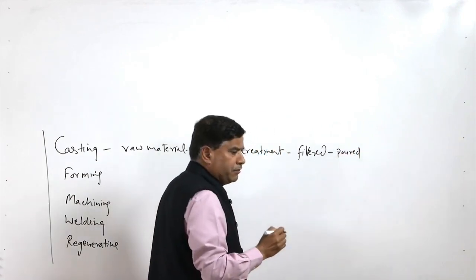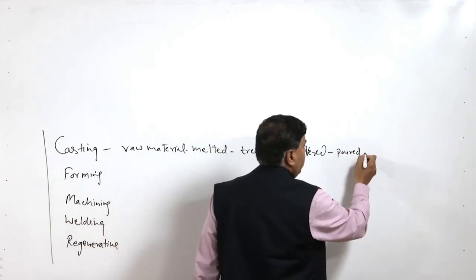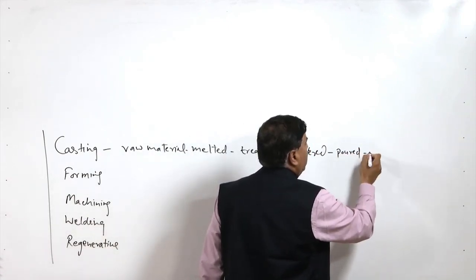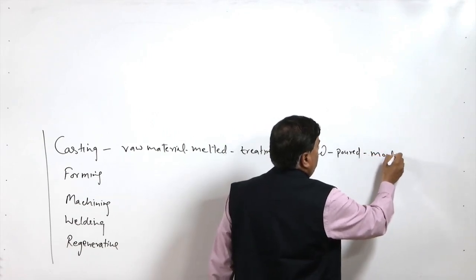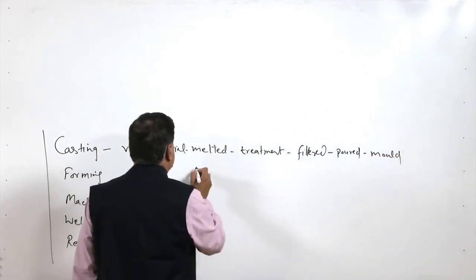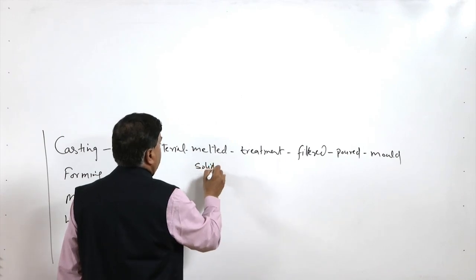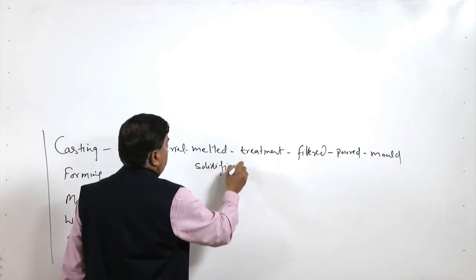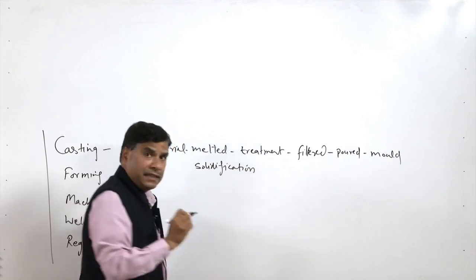So, the molten metal is poured into the mold, and then solidification of the molten metal results in the casting.